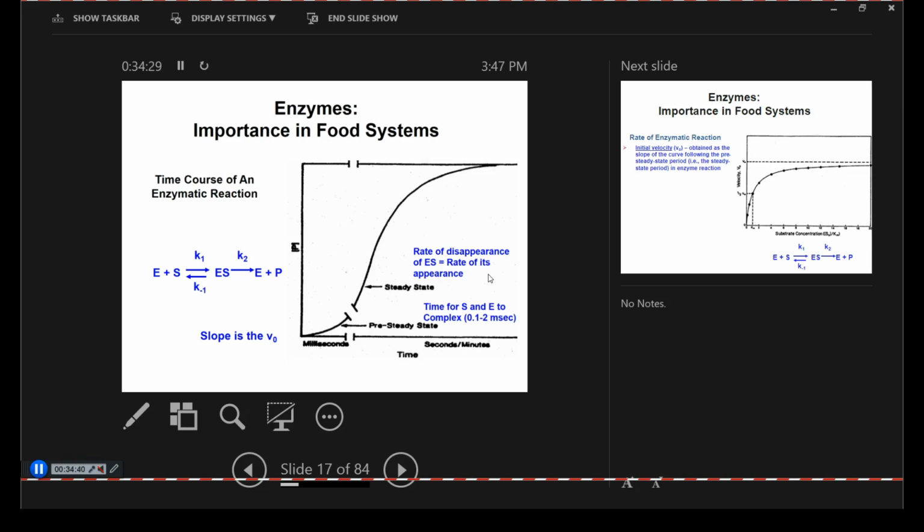We're running out of substrate. So now some of this is really going backwards, so it's no longer that much forward. You're not generating as much product until most of the substrate is really depleted. We don't get anything anymore. So again, it's very important to get initial velocity in the linear range in order to complete the kinetics study.